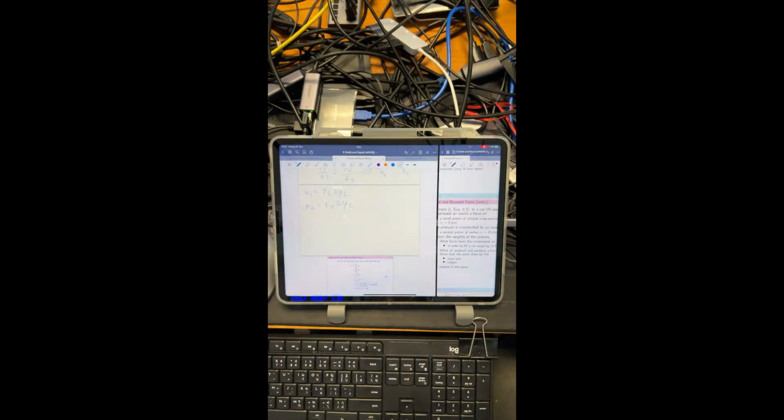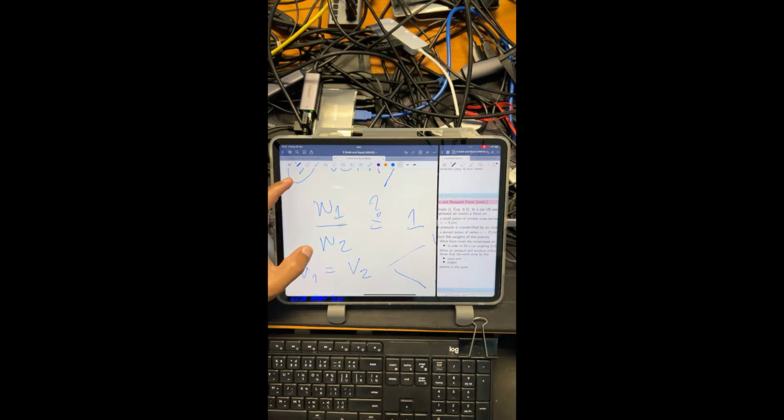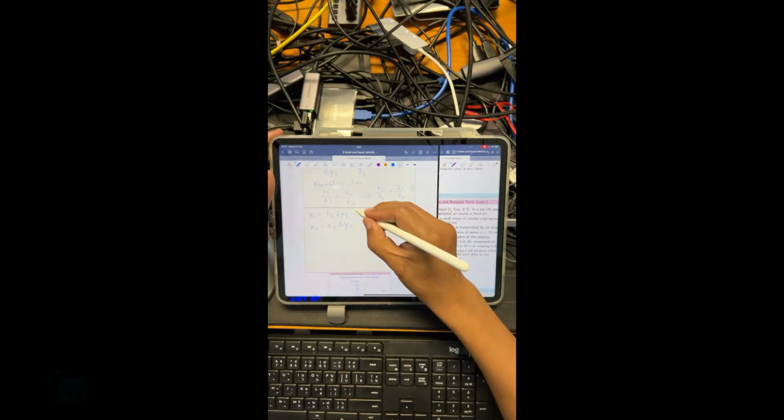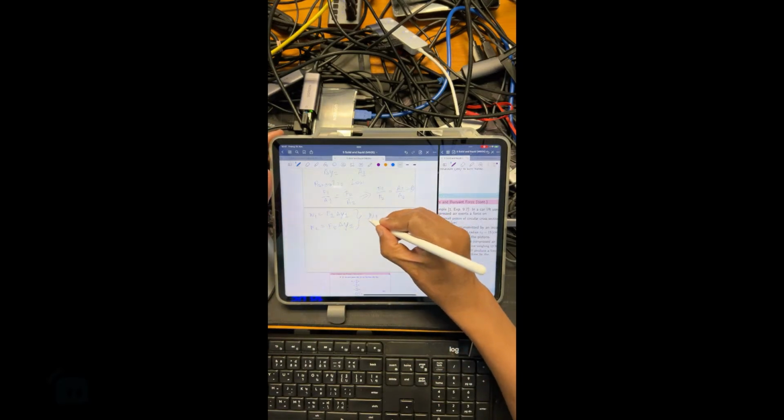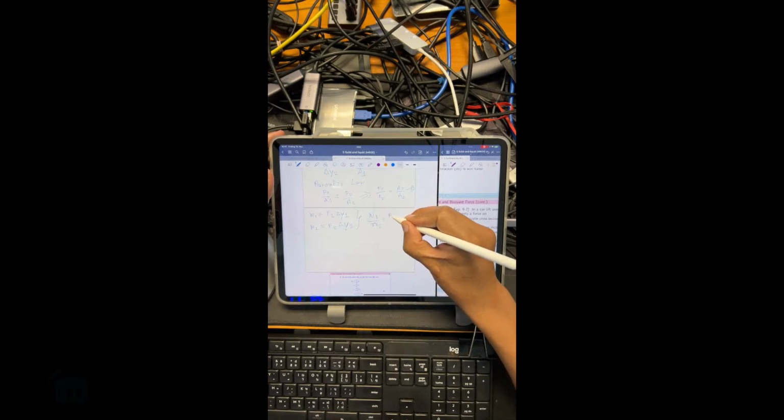According to our target, we want to see whether W1 divided by W2 is equal to 1 or not. So let's divide these two equations. We have W1 by W2 will be F1 delta Y1 by F2 delta Y2.